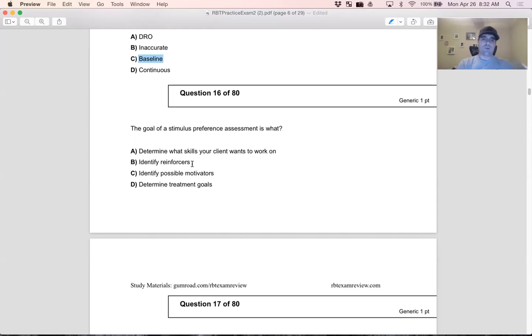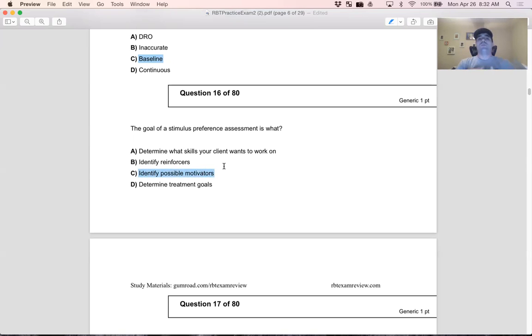B, identify reinforcers. No, this is a common mistake, and I cover it over and over again because it's so common. When you're doing a stimulus preference assessment, you're not identifying reinforcers. A stimulus preference assessment does not identify reinforcers. What does it identify? It identifies possible motivators or possible reinforcers.